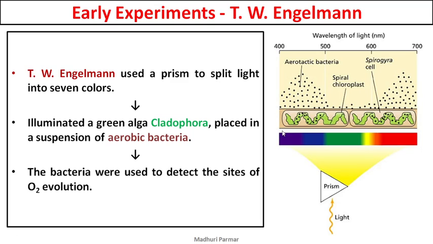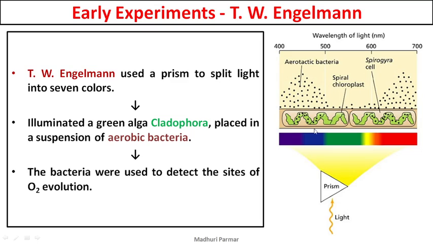What he used was that wherever there will be higher photosynthesis, in whatever light, in those places there will be more oxygen produced. Wherever there will be more oxygen, you should be able to see more bacteria. So this was his thought, and this is what happened. Near blue light, can you see, this is the blue light.